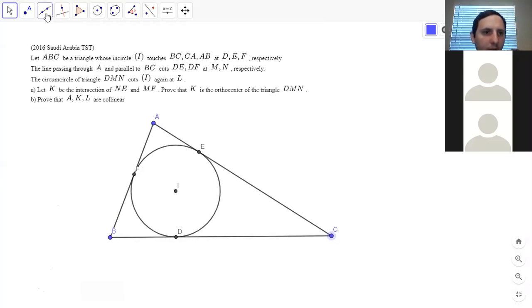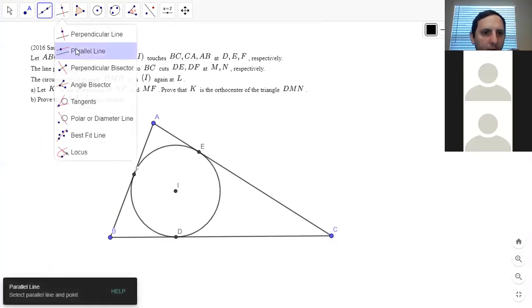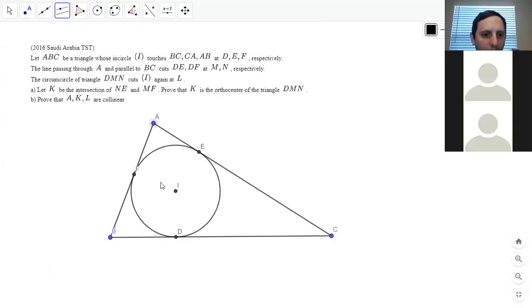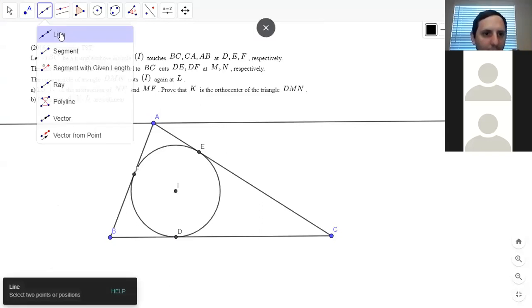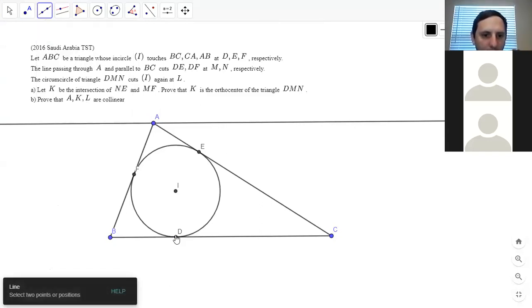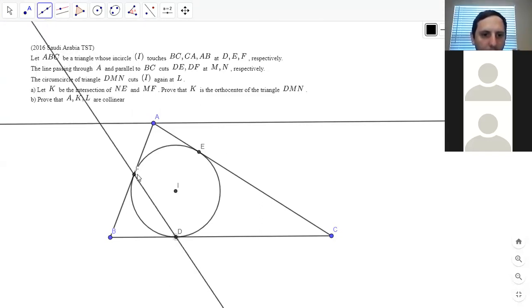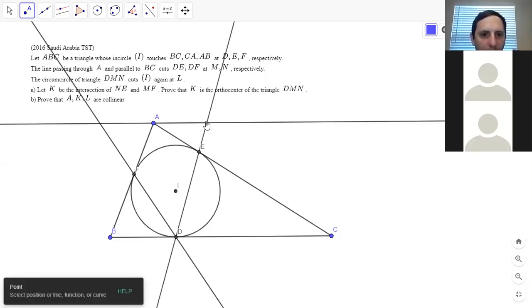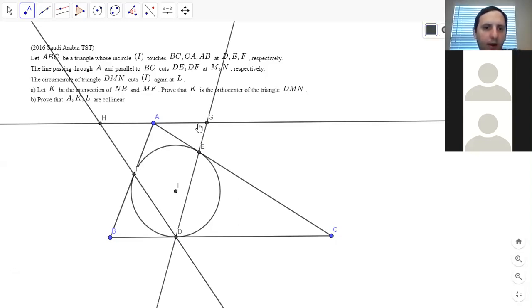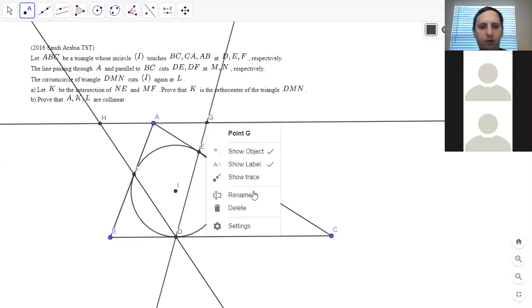So we have the line through A parallel to BC, and then we see where it cuts. Oh, this looks familiar, this kind of idea. So I think we get a lot of isosceles triangles, right? We see where it cuts DE and DF at M and N. So AEM is isosceles and AFN is isosceles.